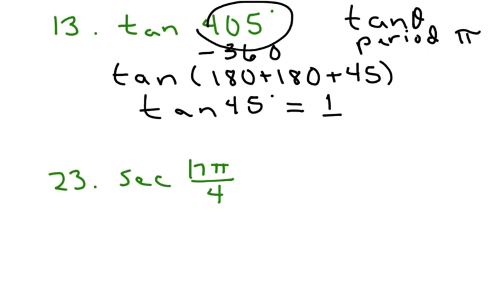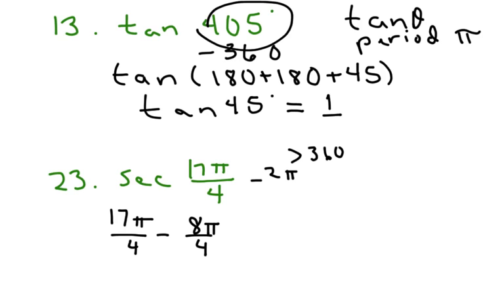Now, for secant, what I'm going to go ahead and do is just subtract 2 pi. I can tell right away this is bigger than 2 pi, so that it's bigger than 360. So if I subtract 2 pi, I'm really taking 17 pi over 4 minus 8 pi over 4.